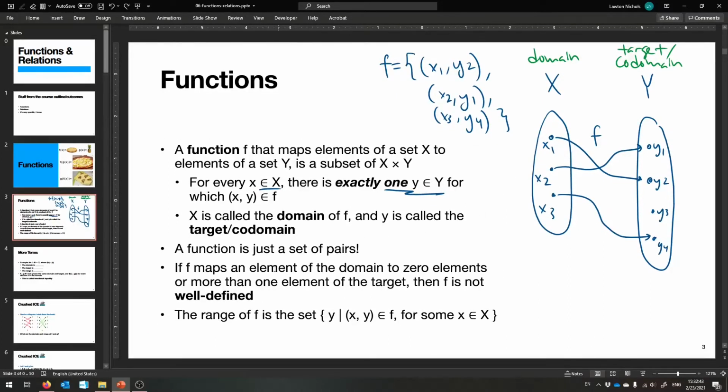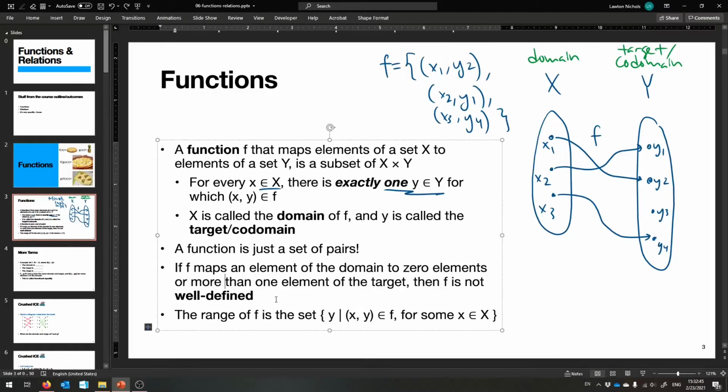Okay, and things could go wrong. I showed you one way. Let's talk about it. So f needs to map, first of all, an element of the domain to exactly one thing.